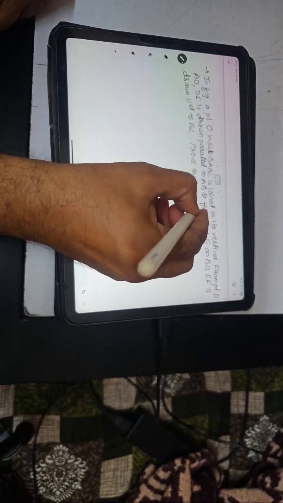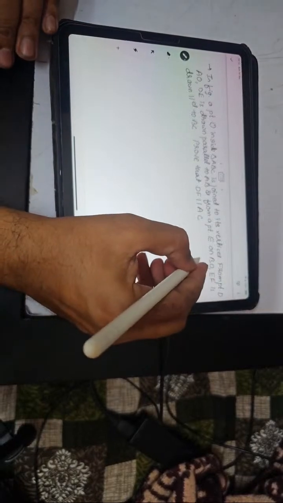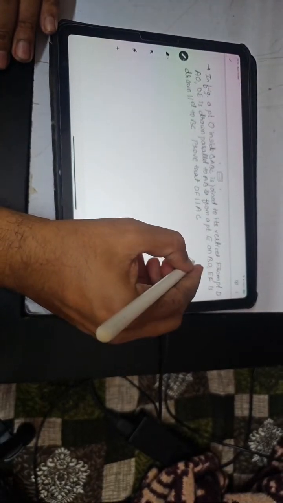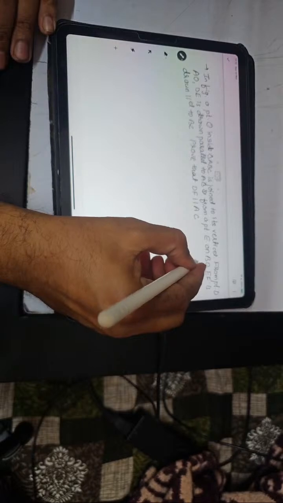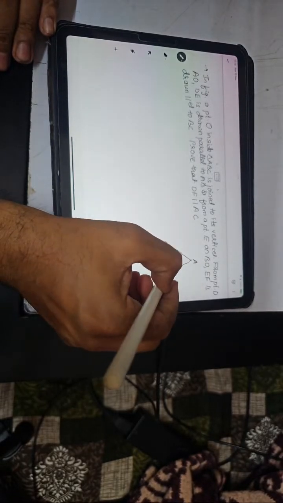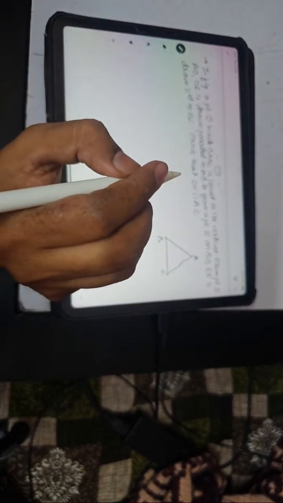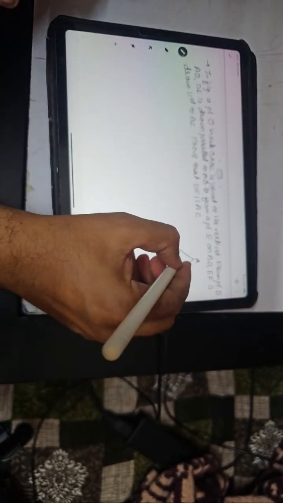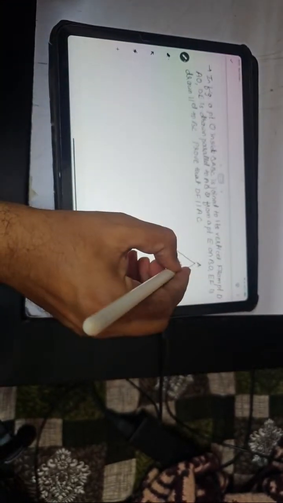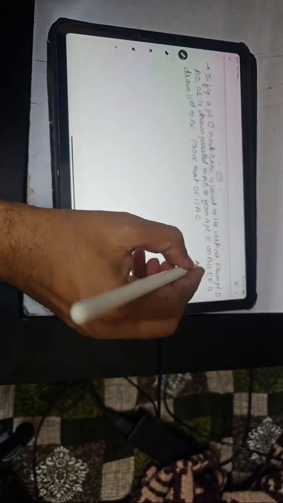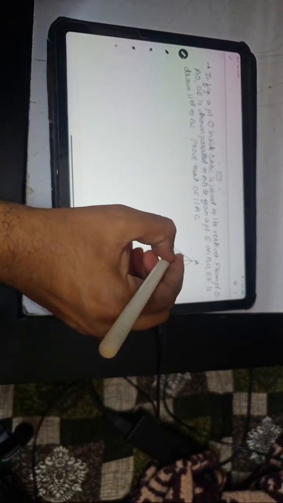DF parallel to AC. Now see, whenever parallel comes, we understand that it is BPT. So what is given to me? See, a triangle ABC with a point O. See, so this is O. Now it is joined like this.